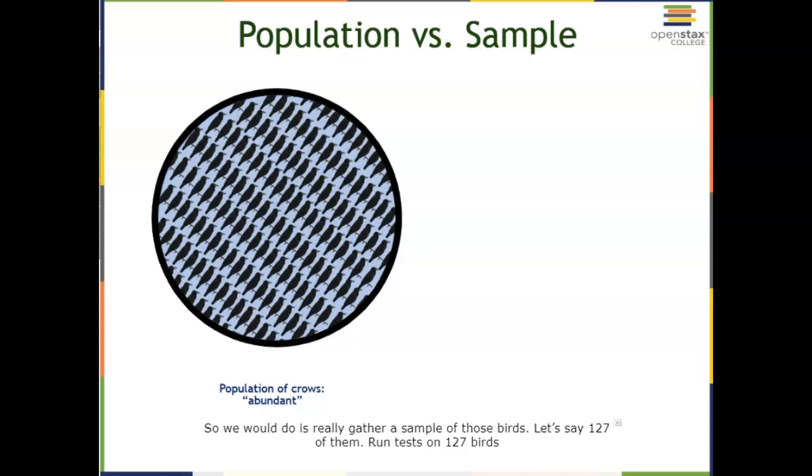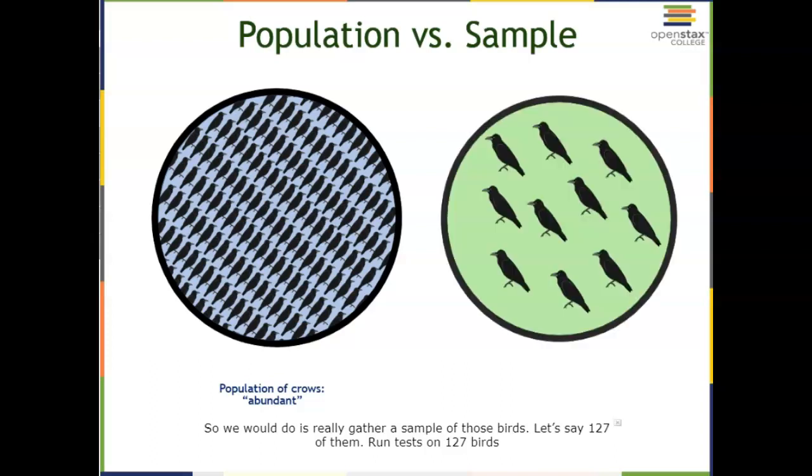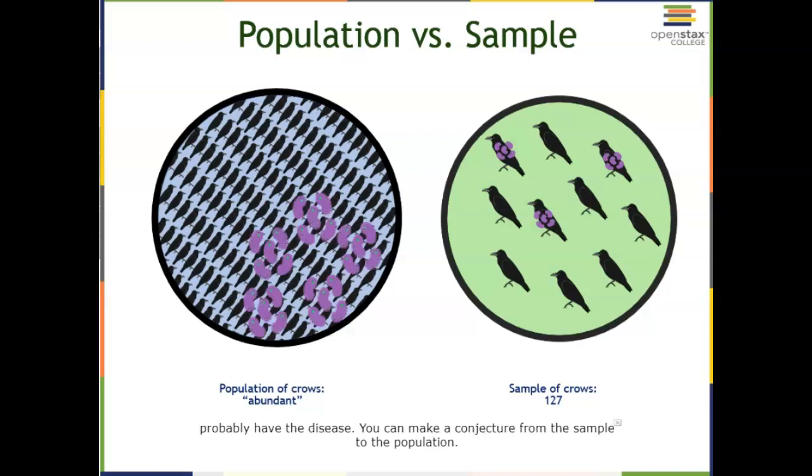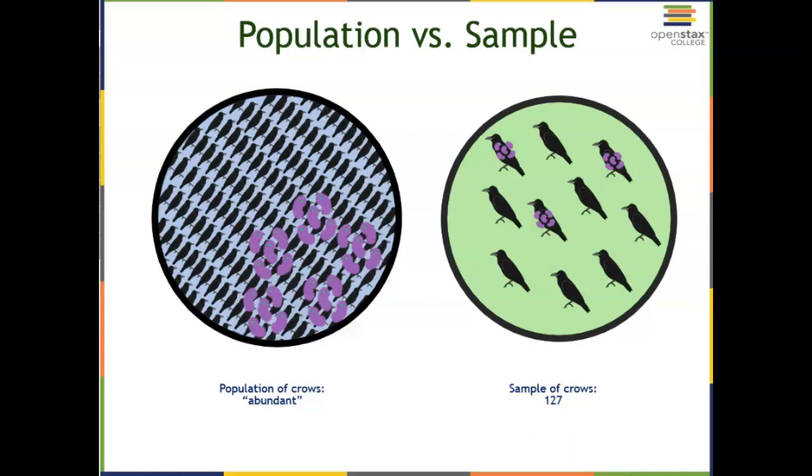So what we would do is maybe we'd gather a sample of those birds, let's say 127 of them. We'd run tests on 127 birds, and we might be able to make a conclusion using those 127 birds to say, oh, 30% of birds in the general population probably have the disease. We can make a conjecture from the sample to the population.